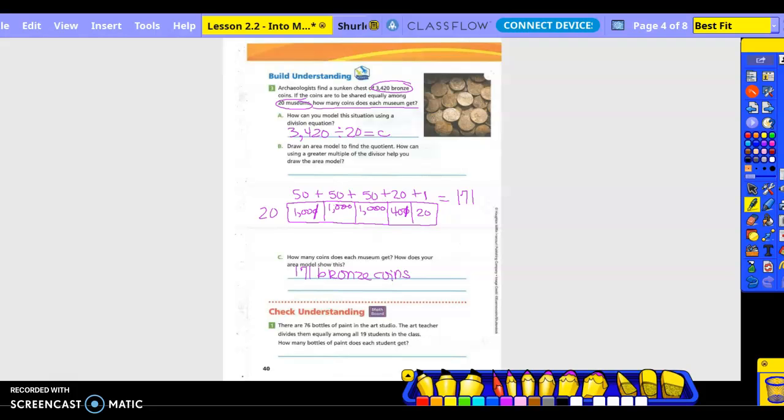There are 76 bottles of paint in the art studio. The art teacher divides them equally among all 19 students in the class. How many bottles of paint does each student get? So 76 bottles, 19 students. So we're going to have our bar model. What are we dividing by? 19. Okay, what's a good unit of 19?